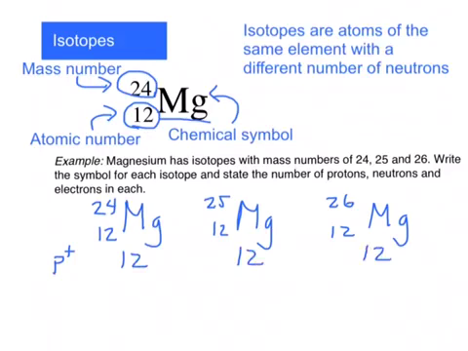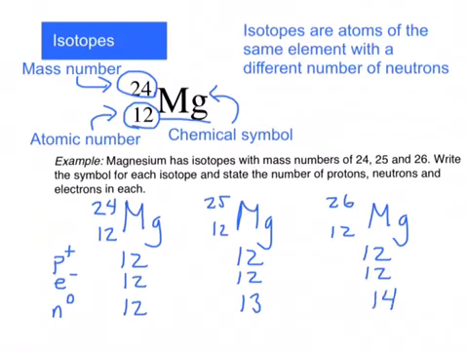The number of electrons is also going to be 12, because these are all neutral. Isotopes are neutral. Okay, and then the number of neutrons is the thing that's going to change. So in each case, we need to do the top number minus the bottom number. So 24 minus 12 is 12. 25 minus 12 would be 13. And 26 minus 12 is 14.